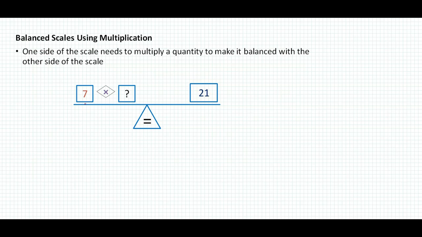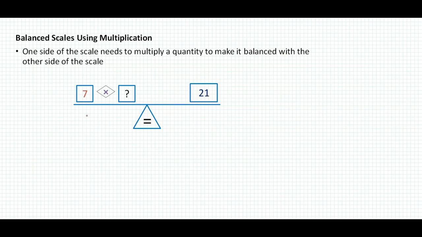For example, we have 7 on the left-hand side and 21 on the right-hand side. What are we going to do to balance the scale out? We need to figure out how many 7s I need to add to this side to make sure that I have 21.